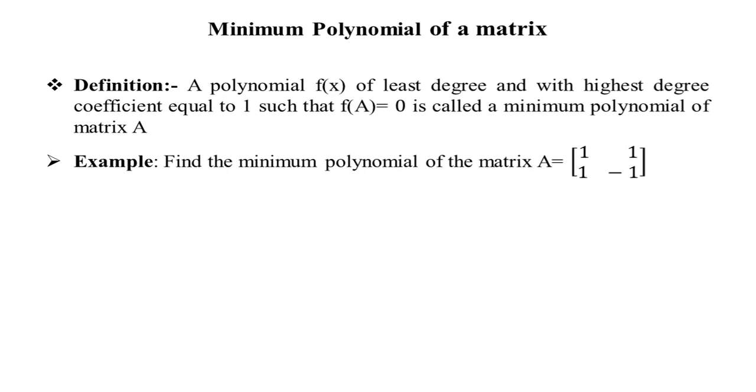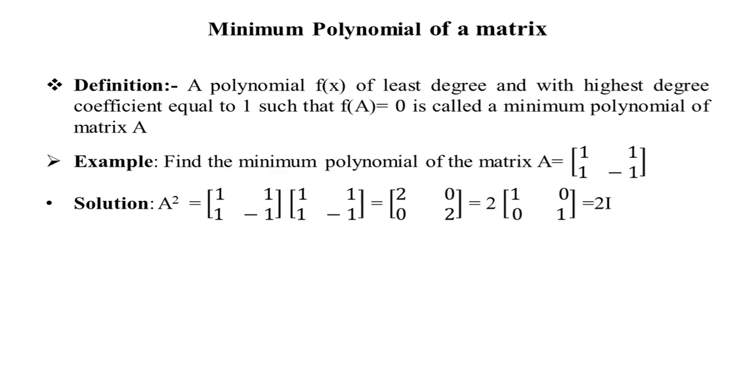So here we find out A square. See, A square is equal to A into A. So we multiply A into A using matrix multiplication to get here [2, 0; 0, 2]. That is here 1 into 1 plus 1 into 1, that is 2. 1 into 1 plus 1 into minus 1, that is 0. 1 into 1 plus minus 1 into 1, that is 0. 1 into 1 plus minus 1 into minus 1, that is 2.